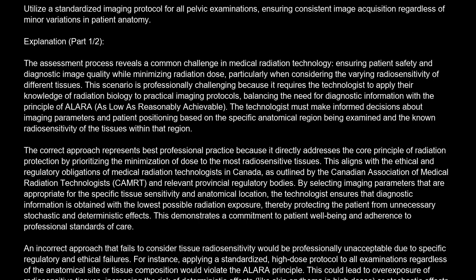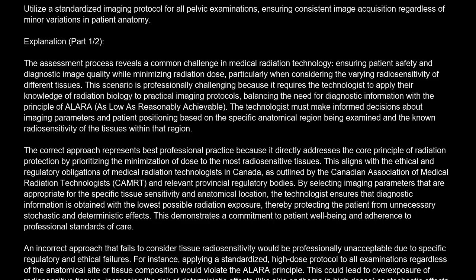By selecting imaging parameters that are appropriate for the specific tissue sensitivity and anatomical location, the technologist ensures that diagnostic information is obtained with the lowest possible radiation exposure, thereby protecting the patient from unnecessary stochastic and deterministic effects. This demonstrates a commitment to patient well-being and adherence to professional standards of care.